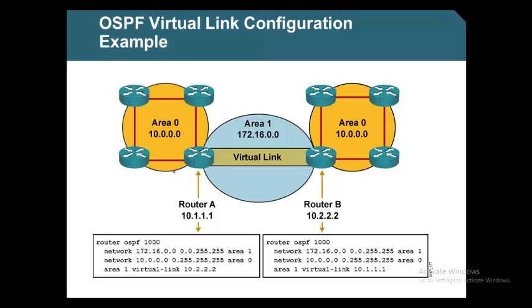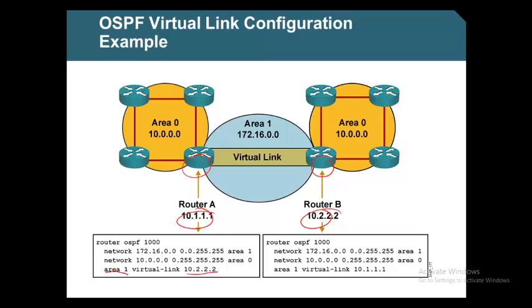Right. So this is an example which shows how to use virtual link in order to merge area 0. If you notice here, the router ID of this router is this, and this router is this. So you go to the first router and give the IP address of the second router.